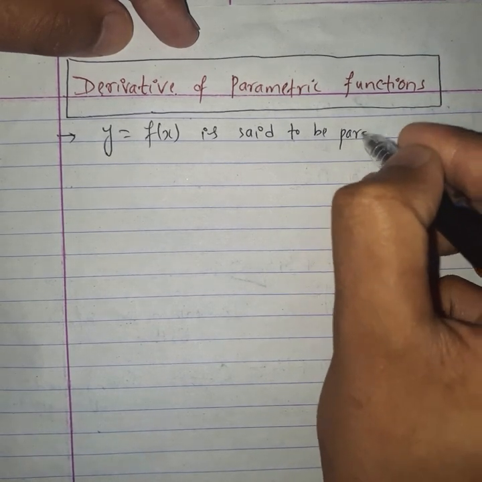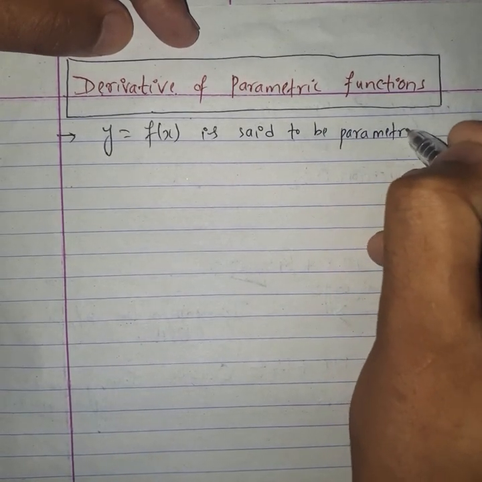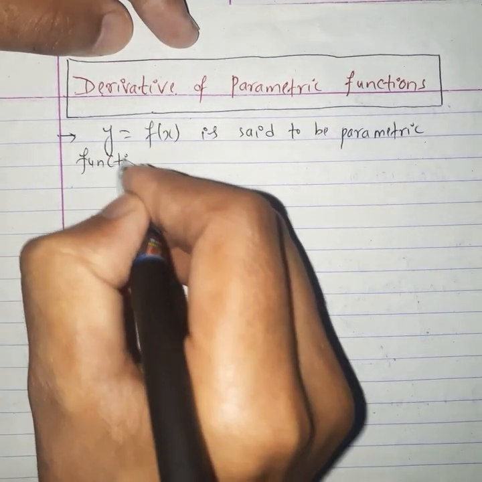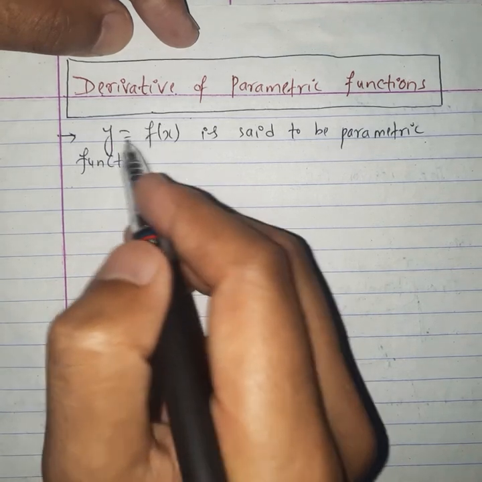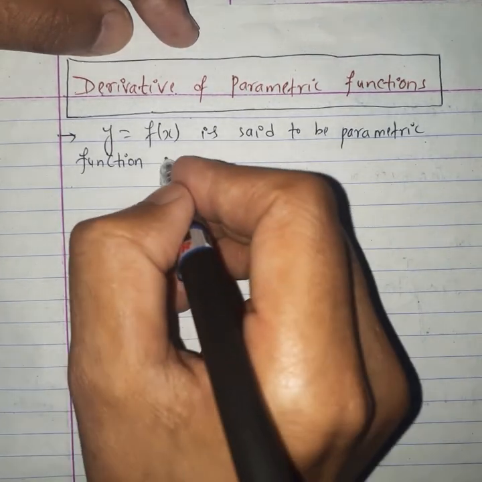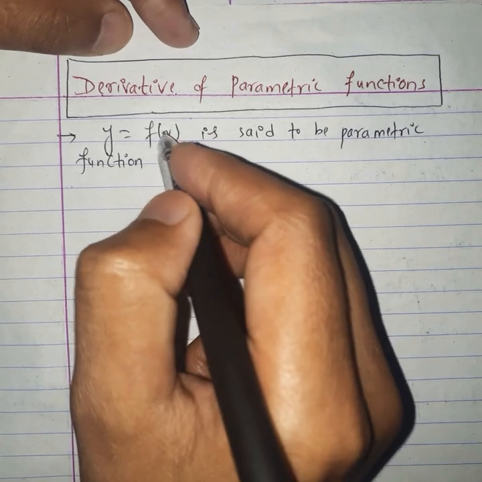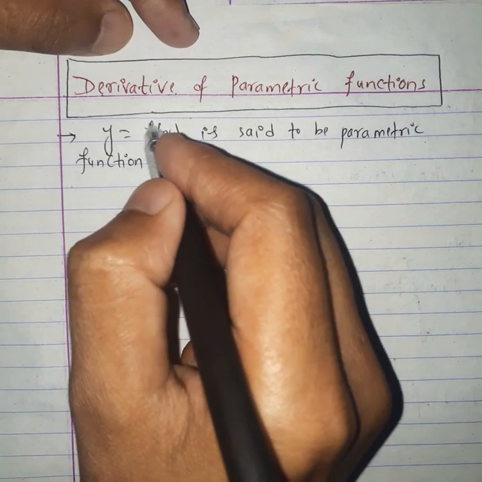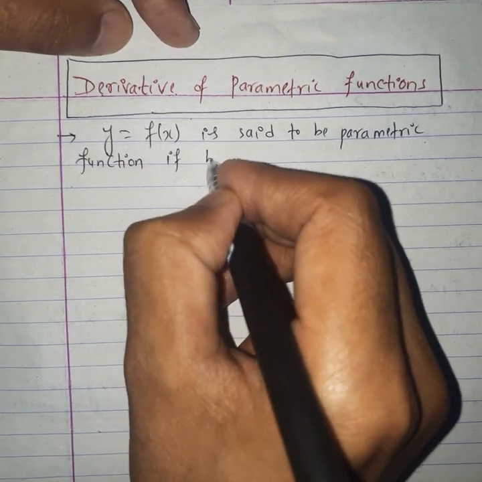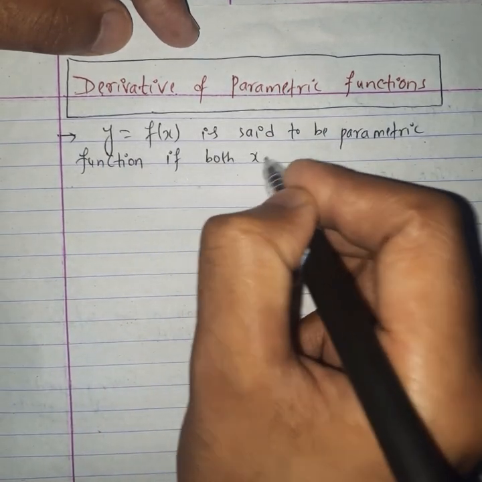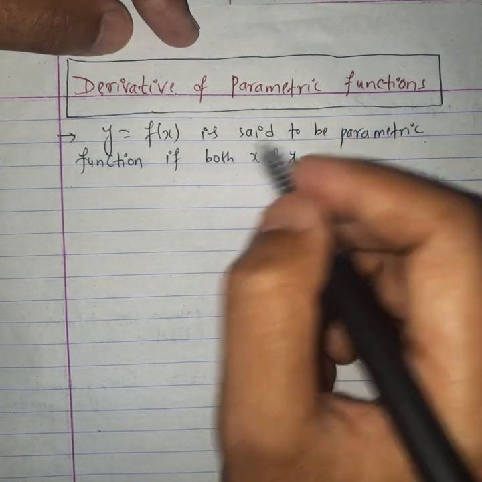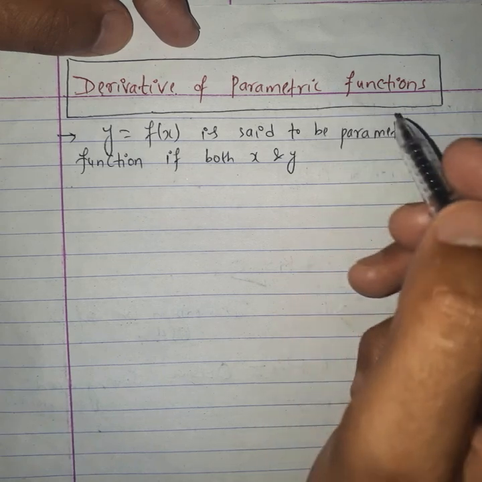a parametric function. The function f of x is said to be a parametric function if both the variables of this function f, x and y, both x and y variables depend on the same third variable.